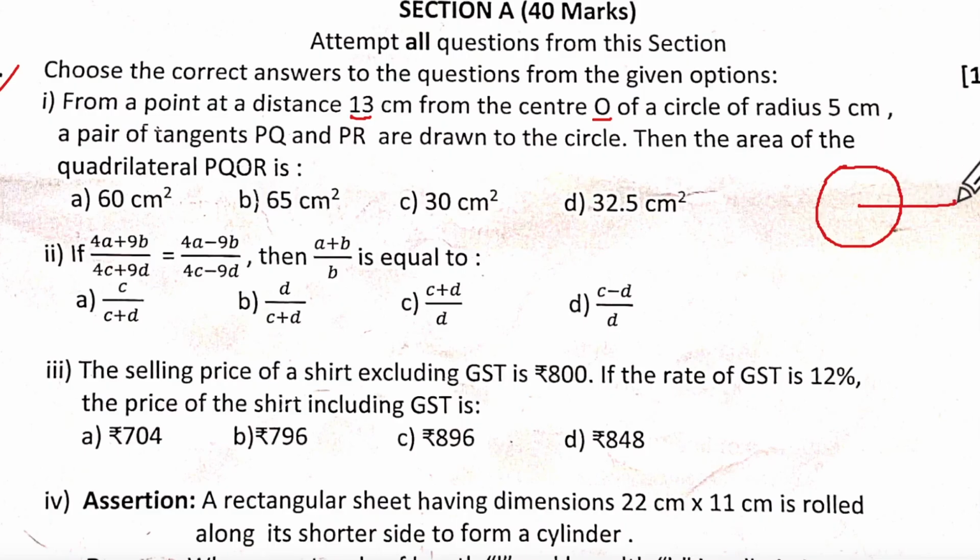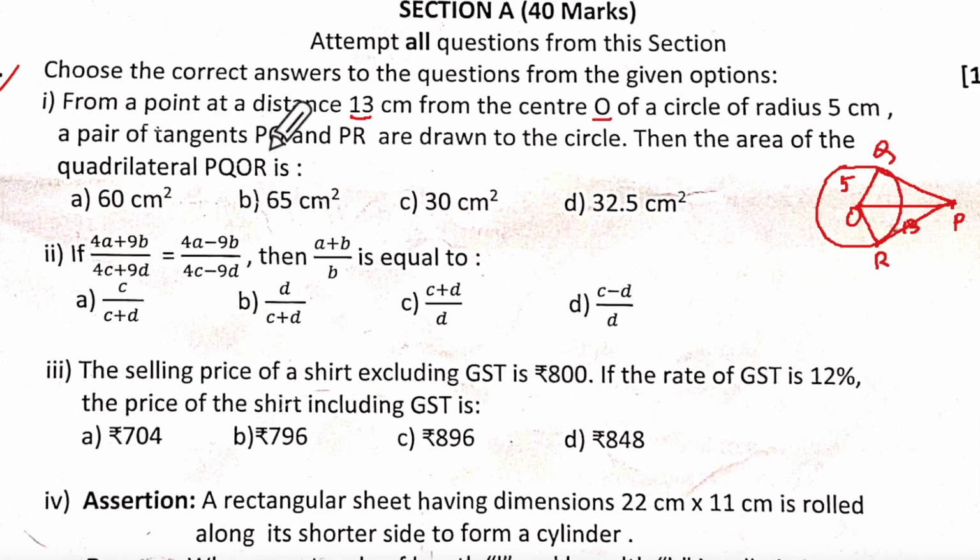So from the center, this point is 13, the radius is 5, and this will be the tangent. So we have center O and PQ and PR. Okay, these are the two tangents.